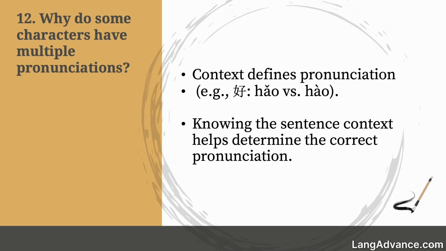They have different pronunciations depending on the context. For example, the 好, it means good. And 好, it means to like. So understanding the context of the sentence will help you to know which pronunciation is correct.